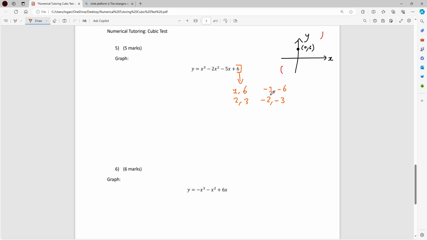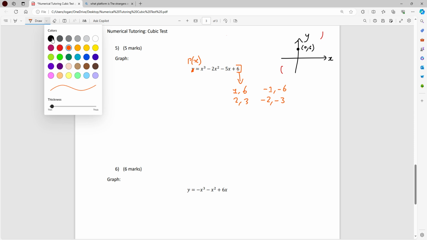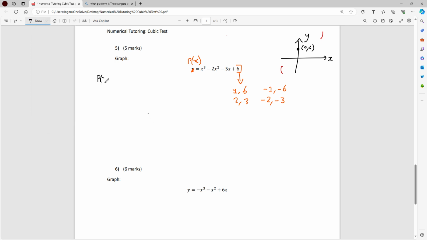So what you do is you start with this first one, so just negative 1, and I'm going to call my function p of x instead. So what I'll write here is, p of x equals x cubed minus 2x squared minus 5x plus 6. Then I'm going to substitute negative 1 first, so p of negative 1, and I get negative 1 cubed, minus 2 of negative 1 squared, minus 5 of negative 1 plus 6, and then we see if it's equal to 0, okay?